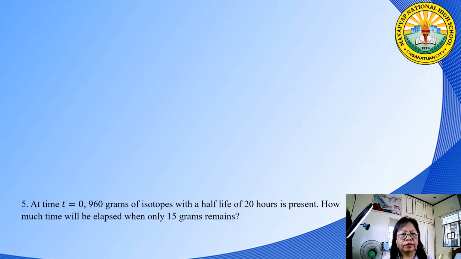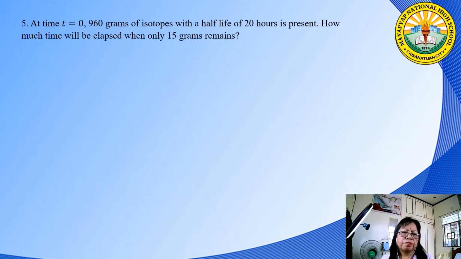Okay, number 5 problem. At time t equals 0, 960 grams of isotopes with a half-life of 20 hours is present. How much time will have elapsed when only 15 grams remains?